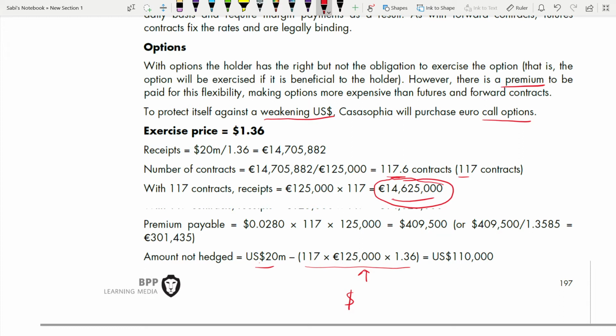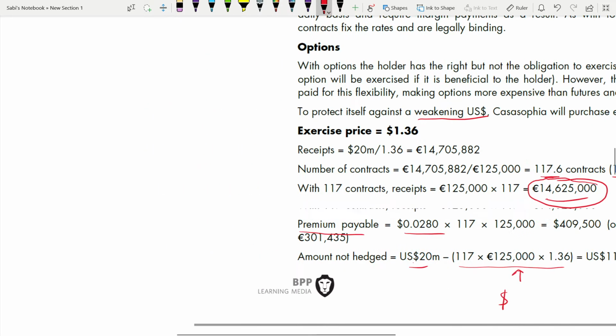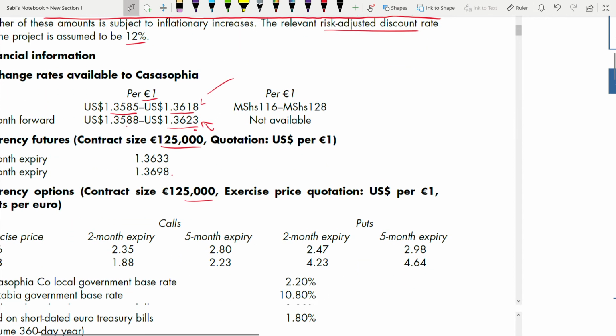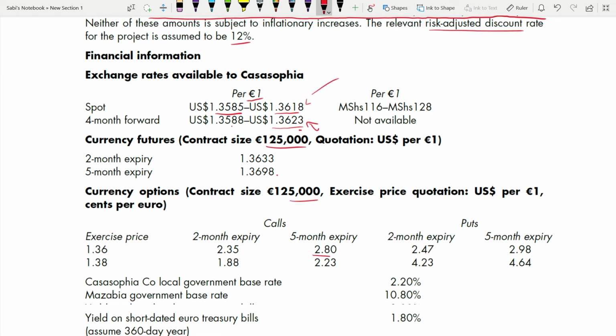Okay, next, this is premium payable. So first, 117 into 125, it is in euro. Then you need to multiply by this 0.028. We'll see how. Go to that table, call, 5-month expiry, 1.36. It is 2.8.